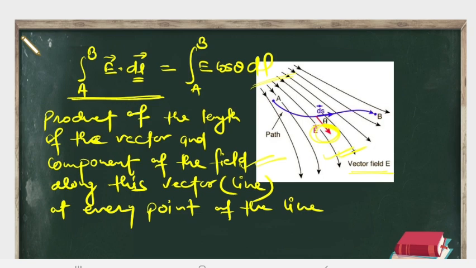In other words, we can also say that the line integral of a vector along a specified path L is the tangential integral of the tangential component along the given path.